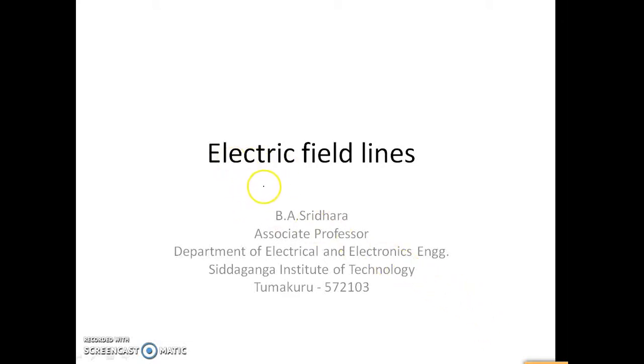In this session, we will discuss electric field lines. So what is an electric field line? Suppose we consider a point charge plus Q. The electric field lines are drawn something like this.